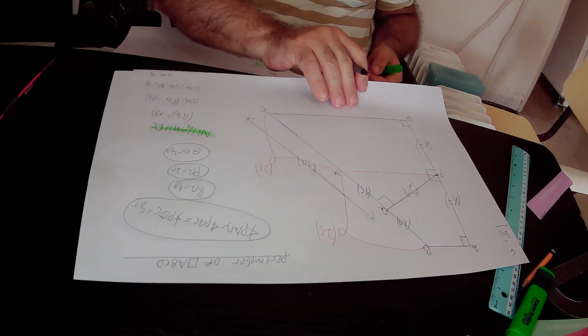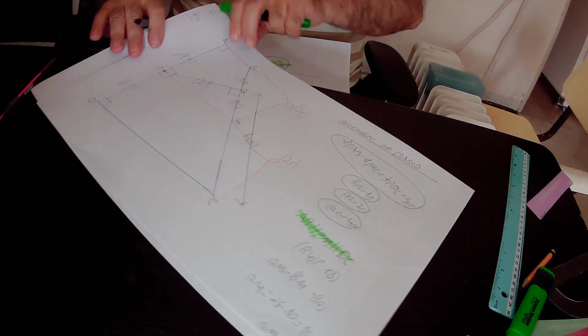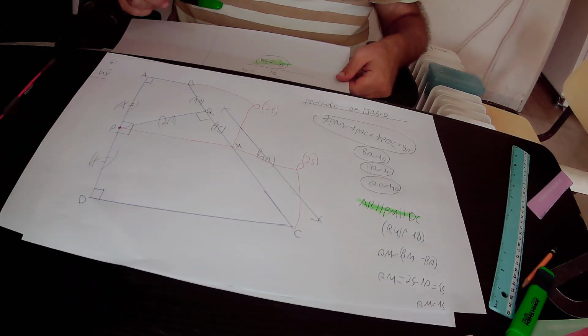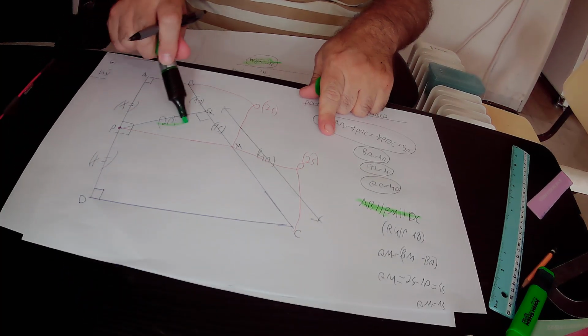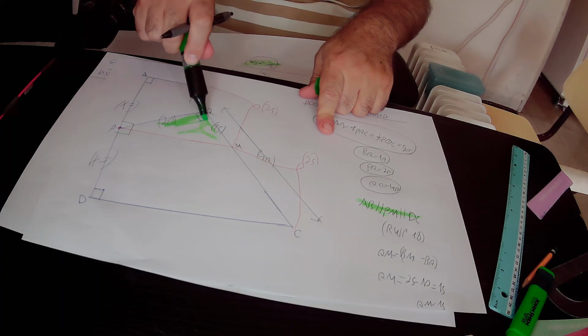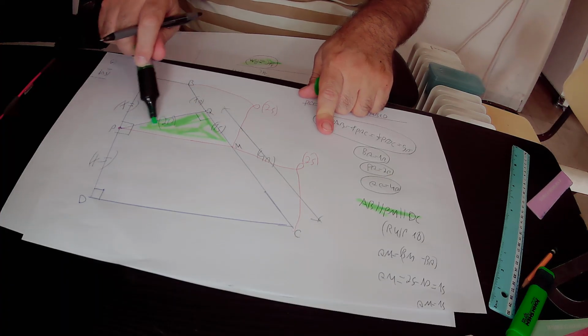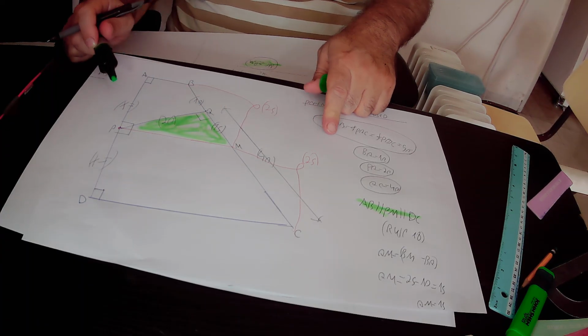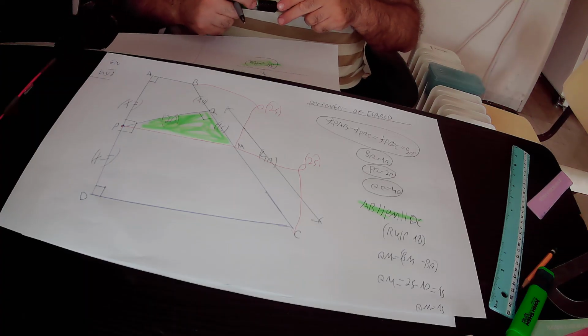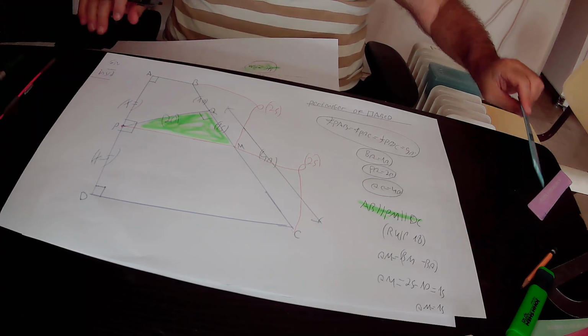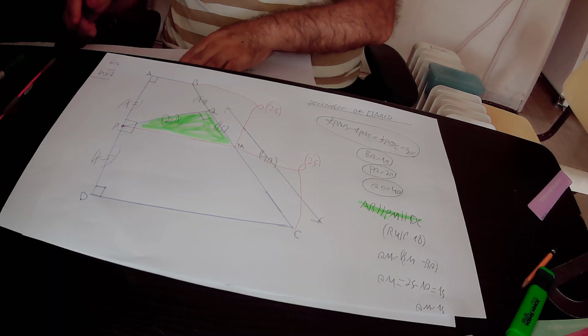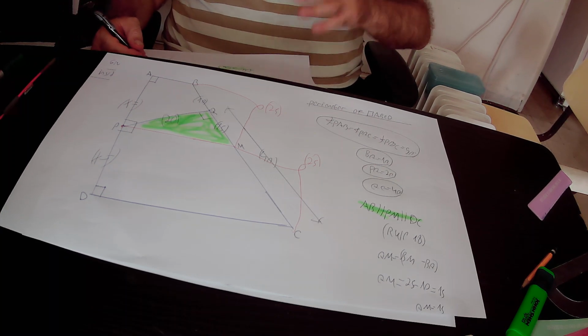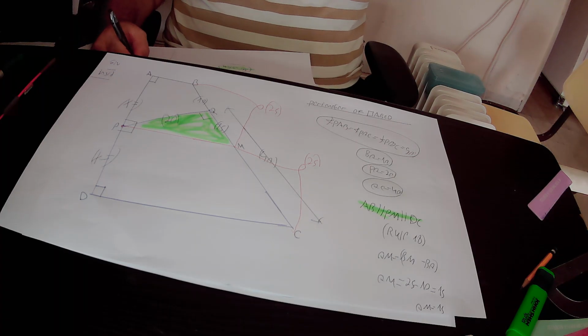In the next step, we will implement the Pythagoras theorem on this right triangle PQM. According to the Pythagoras theorem, in a right triangle, the square of the hypotenuse equals the sum of the squares of the perpendicular sides.